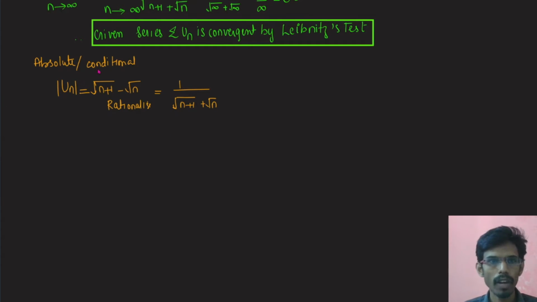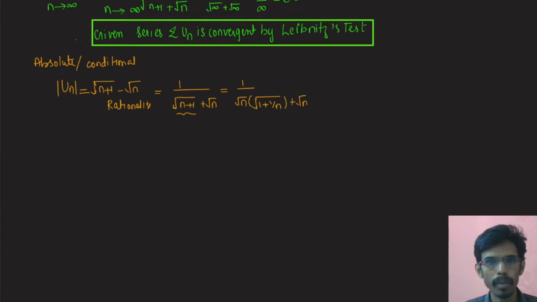for conditional or absolute convergence, I'll go for comparison test. So I'm taking root n common here. If I take root n common from the first term, then I have 1 plus under root 1 plus 1 by n, and root n.